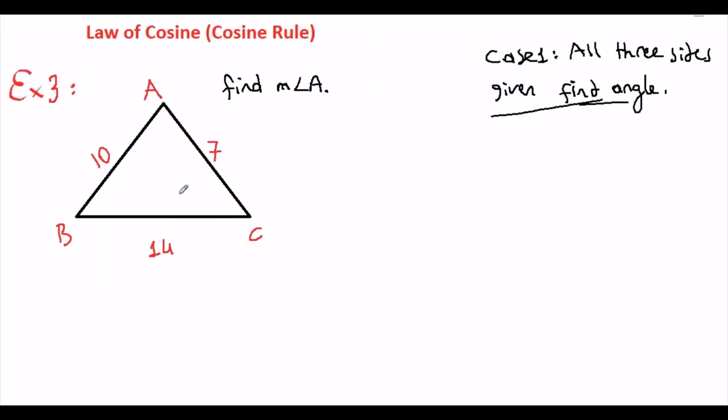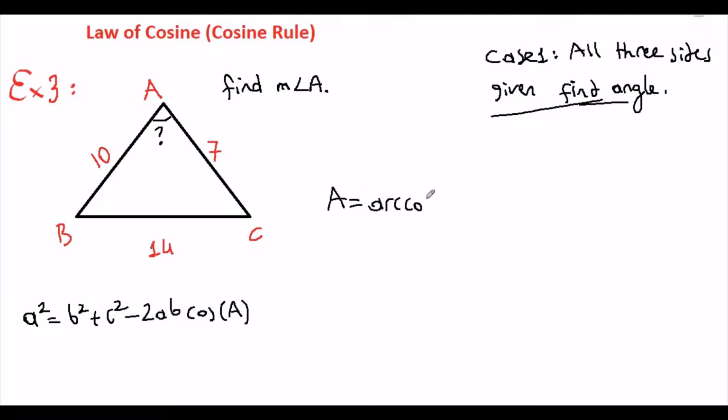Let's check this example. We are given triangle ABC, sides A, B and C are given. We are going to find the angle measure of A. Here we can directly apply A squared is equal to B squared plus C squared minus 2 times BC times cosine of A, and solve for A step by step, or we have just derived the formula that A is equal to arc cosine of B squared plus C squared minus A squared divided by 2BC.